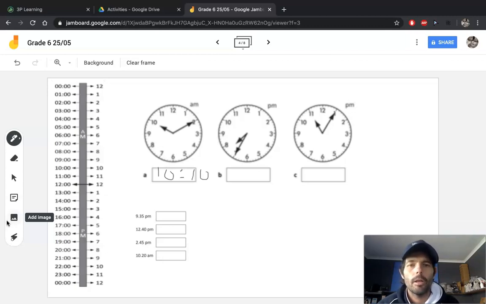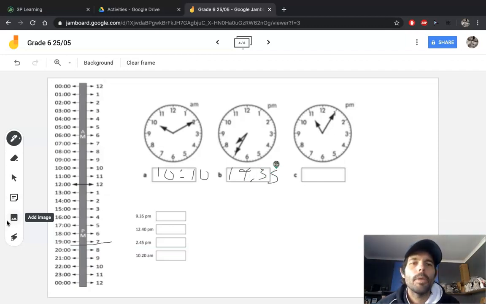The middle clock, the hour hand is between the 7 and 8. Okay, so 7 in the evening in 24-hour time is 19. All right, and we can have a look here. That's where it tells us 19. Okay, and we know it's 35 minutes.